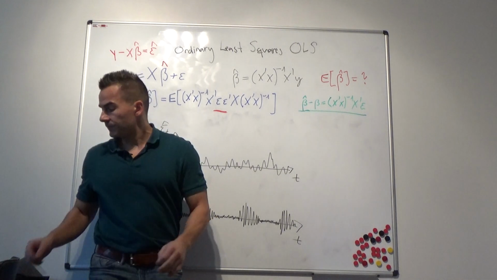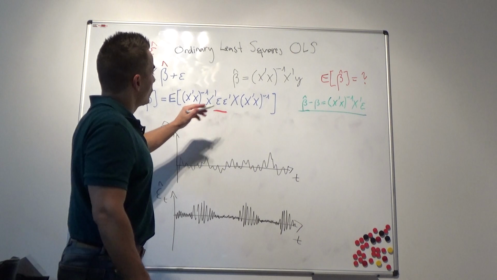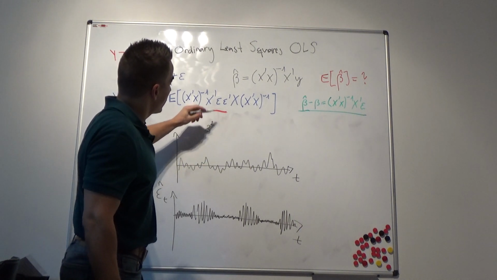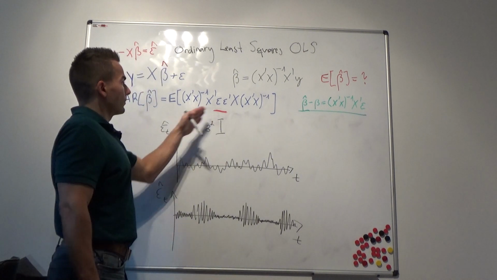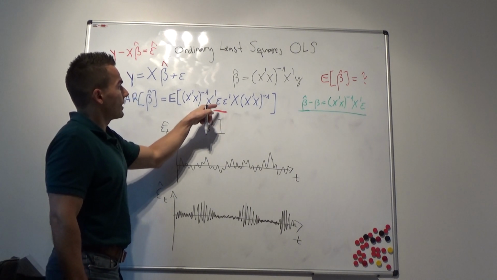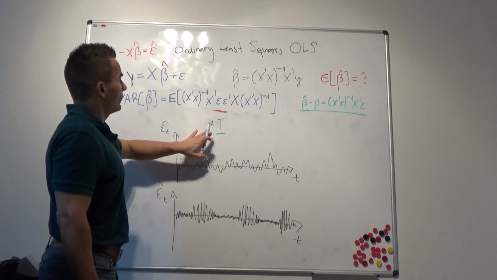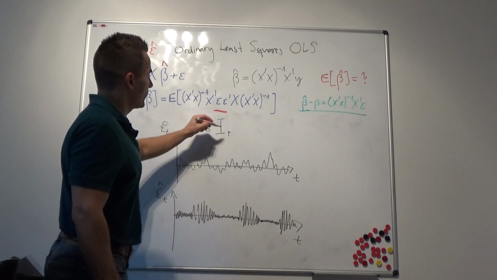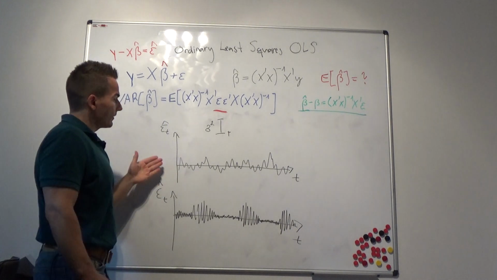So the problem is that in order to be able to simplify this epsilon times epsilon transposed, taking the expectation, to sigma squared times the identity matrix, which has the dimension T, we need to have a well-behaving process like we have here.